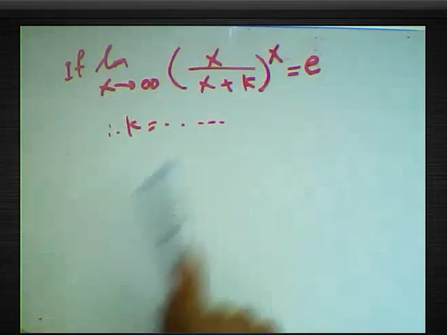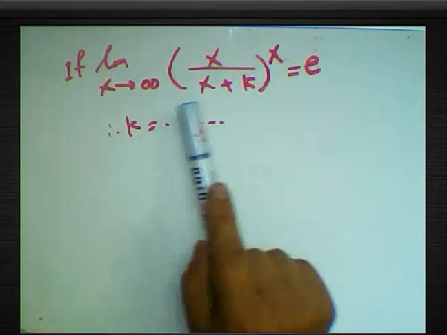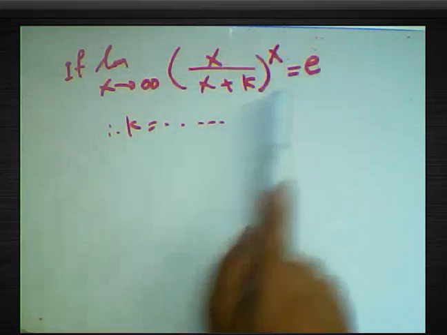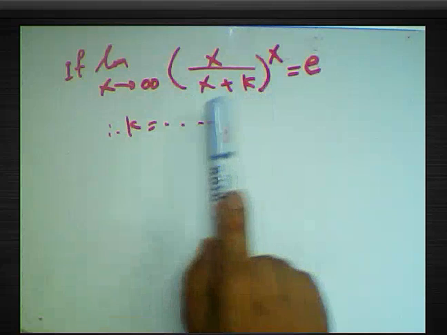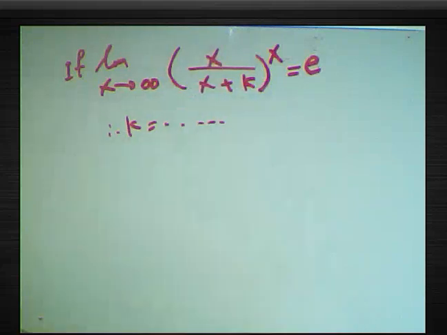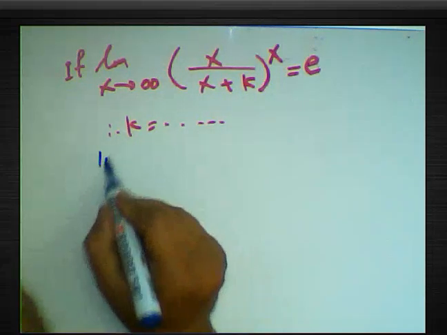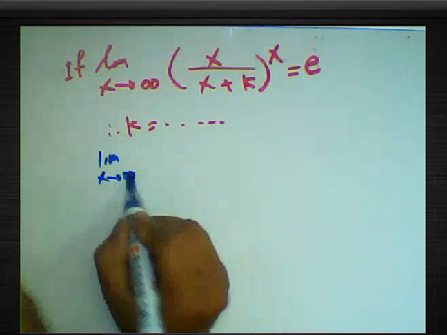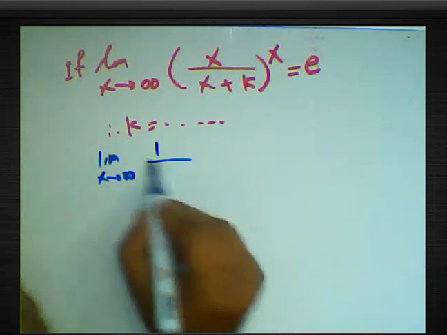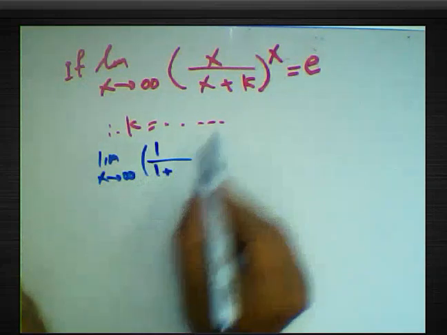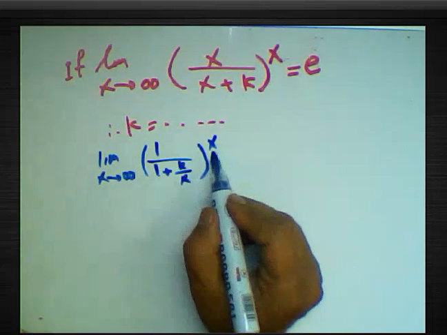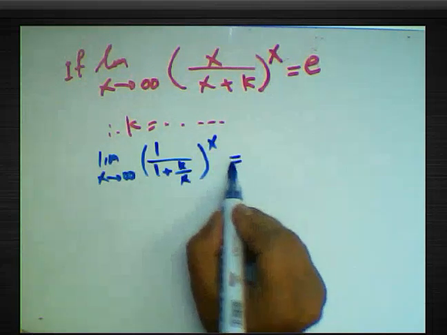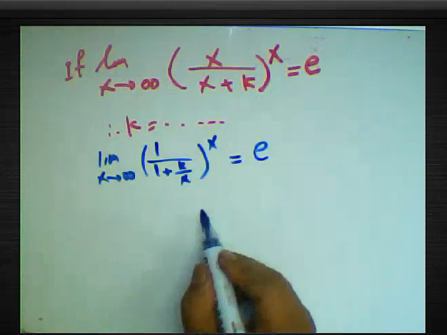If the limit of this function (x over x plus k) power x equals e, then what does k equal? We are asked about k. We can solve this example by dividing the numerator and denominator by x. Limit as x goes to infinity, it will be 1 over (1 plus k over x), all power x, equals what? It tells us the result will be equal to e.